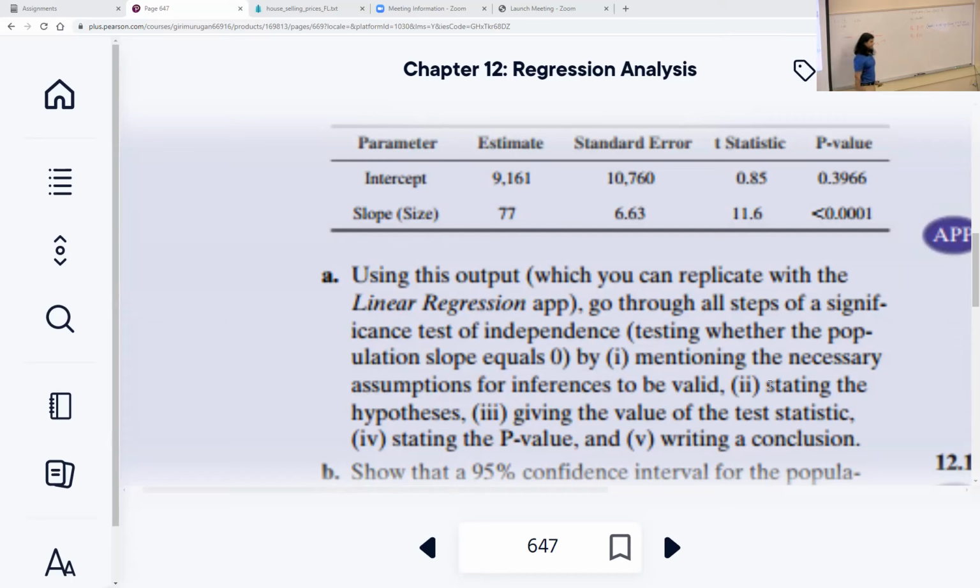In practice, any p-value that goes below 0.0001, we'll just write it as that. Most software will do the exact same thing. I'll show this in SPSS as well next time.